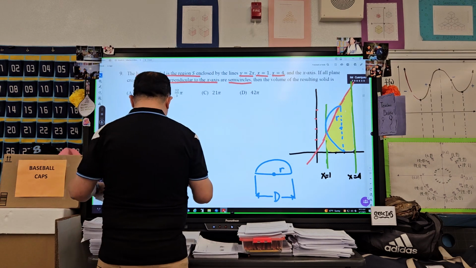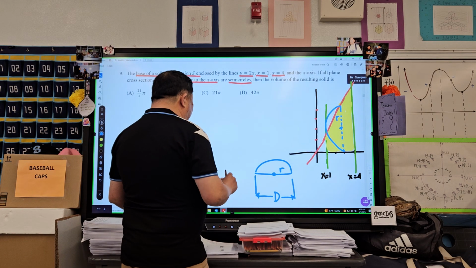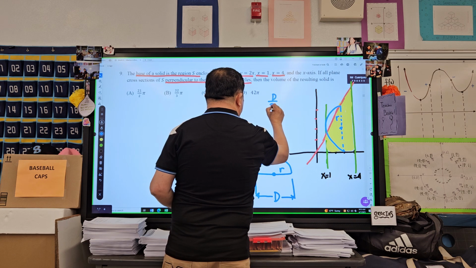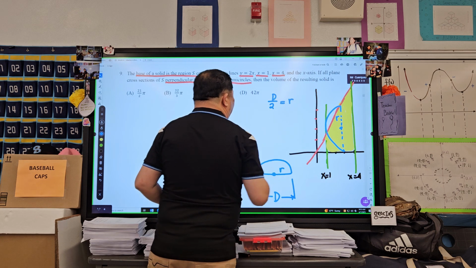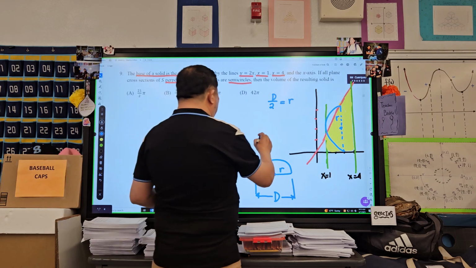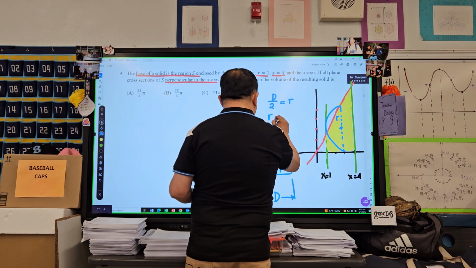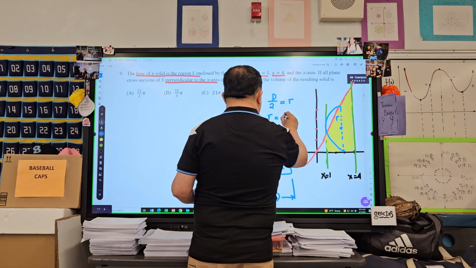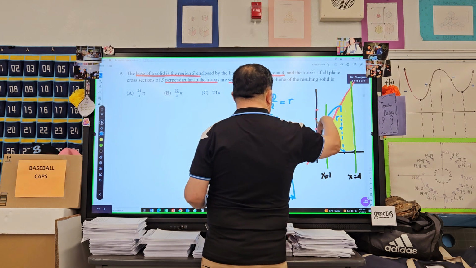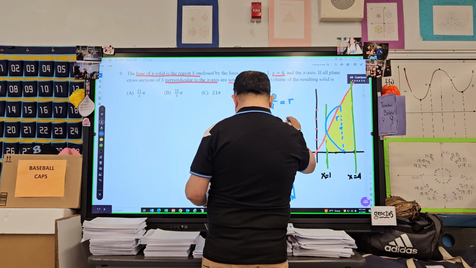So we're gonna have, we all know that diameter divided by 2 is equal to the radius, right? You get me, guys? Okay. So, which means radius r is equal to the diameter.